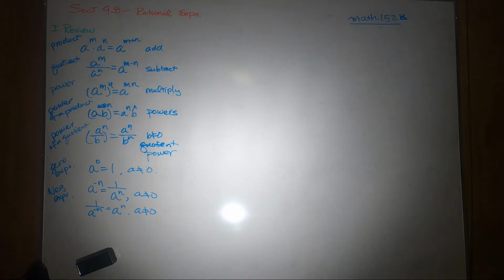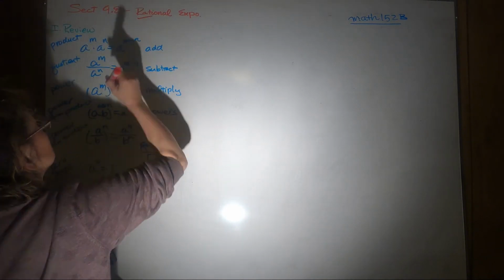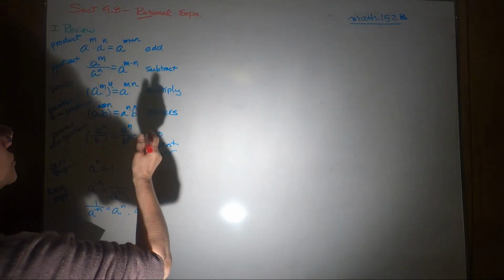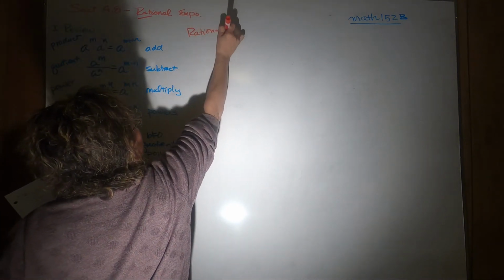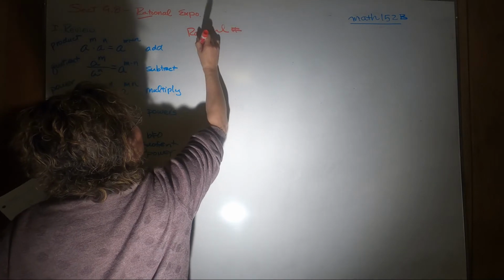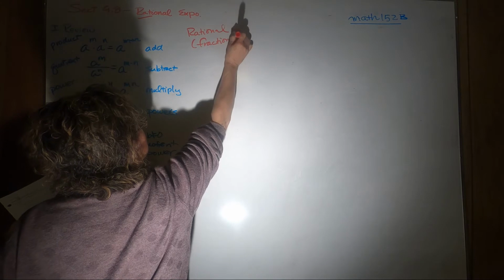What happens if they are fractions? For fraction numbers, we call them ratios. Rational numbers means fractions, right?